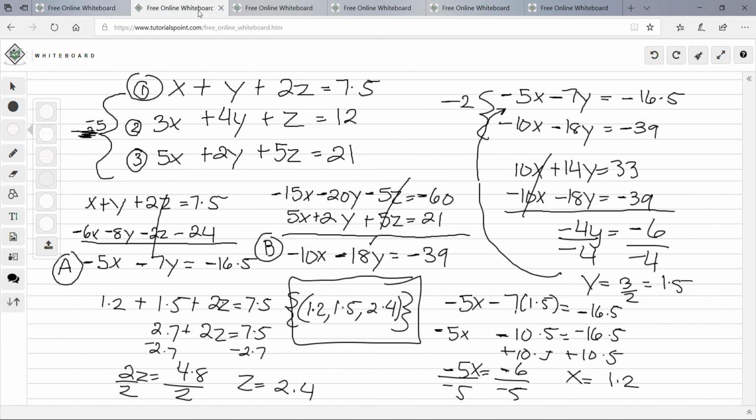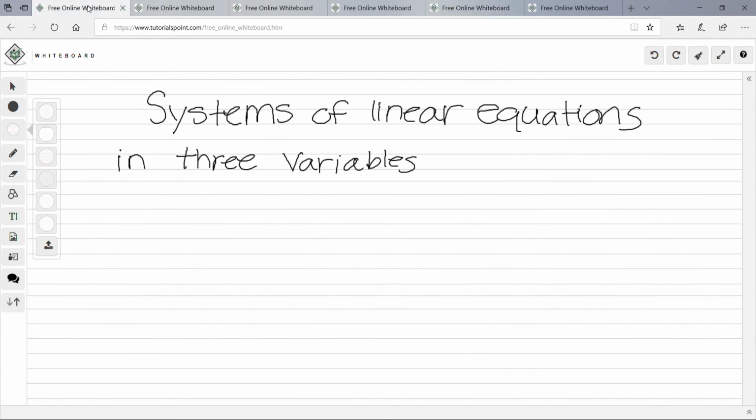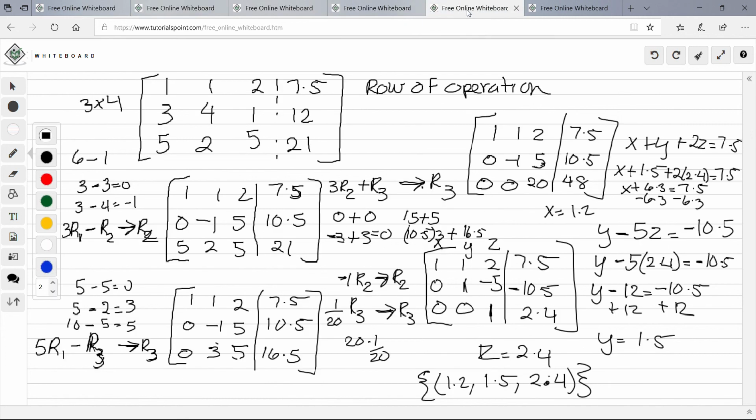Which is 1.2, 1.5, and 2.4. Does that equal that? Yes, 1.2, 1.5, and 2.4. Yes, they're true. So they are equal.